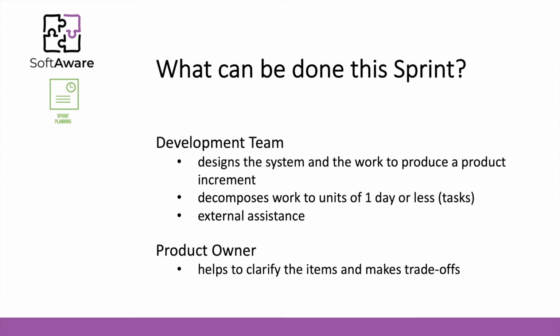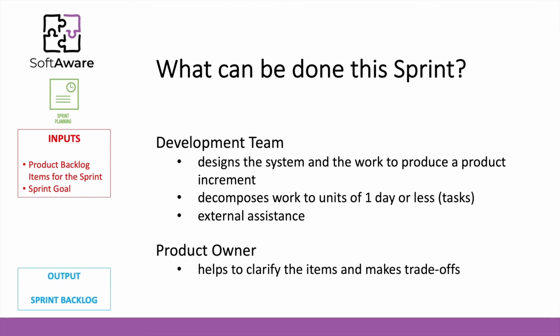So revising the inputs for sprint planning, the product backlog items that are specific for the sprint should be decomposed, as well as the sprint goal should always be kept in mind. And from that second part of the sprint planning, as output, we will have an artifact that is the sprint backlog.